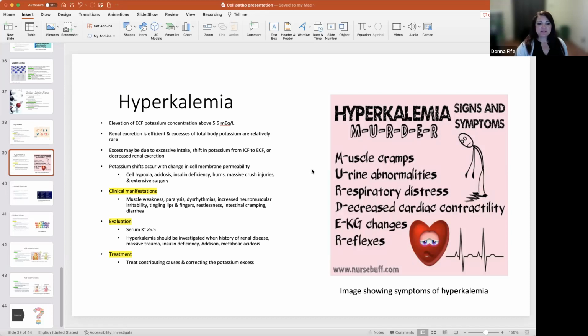Evaluation: the serum potassium levels can be greater than 5.5. And hyperkalemia should be investigated when there is a history of renal disease, massive trauma, insulin deficiency, Addison disease, or metabolic acidosis. For the treatment, you want to treat the contributing causes and correct the potassium excess.